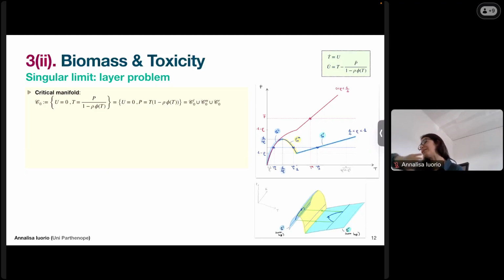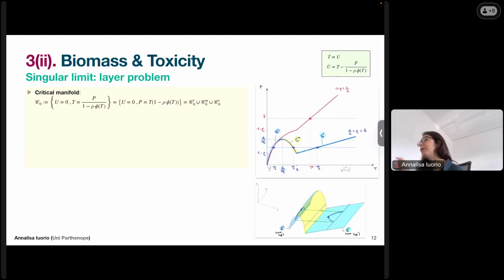It has this kind of S shape that is not really an S because of the special form that we have for our function theta, but it's composed of 3 parts, 2 of which are attracting, the left and the right one, so the blue and the light blue. And the middle one is unstable, but doesn't play a role in the construction of our periodic orbits, because our periodic orbits, in the dynamical systems framework that we're looking at, correspond to the orbits that you see in the 3D picture on the bottom.